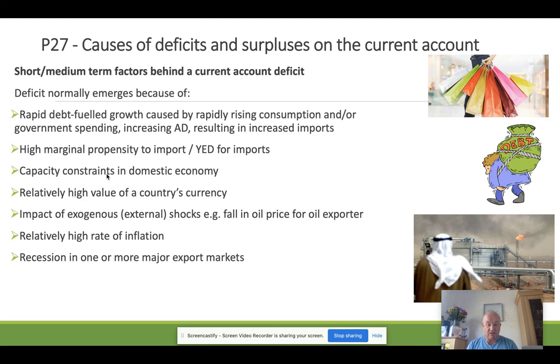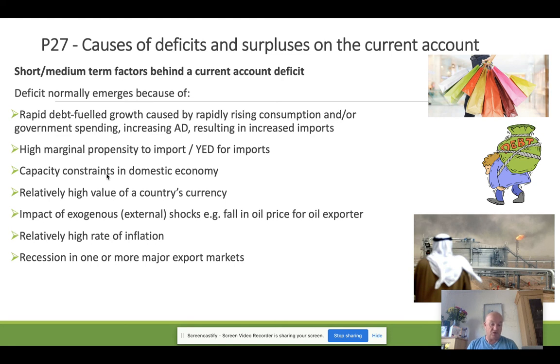Well, in that instance, we're going to get more imports because they're cheaper, and exports are going to be less prevalent because they are relatively dearer. So that's another reason why in some instances we might find in the short to medium term that could create a current account deficit or a worse position.